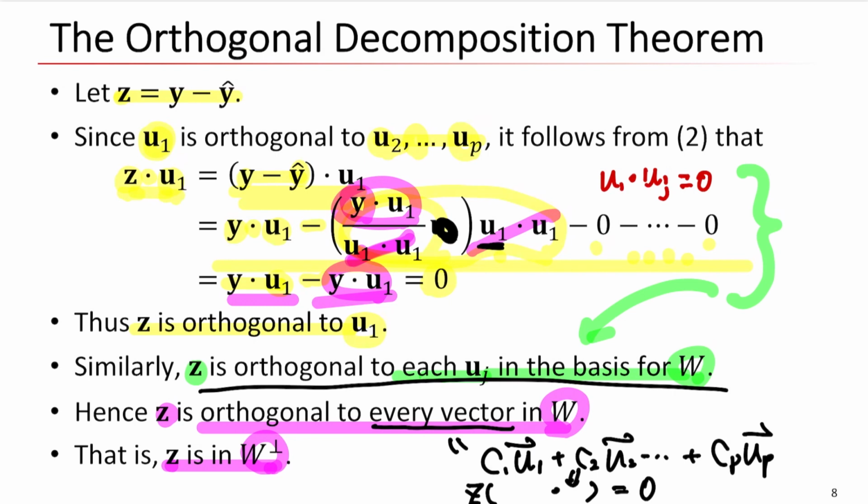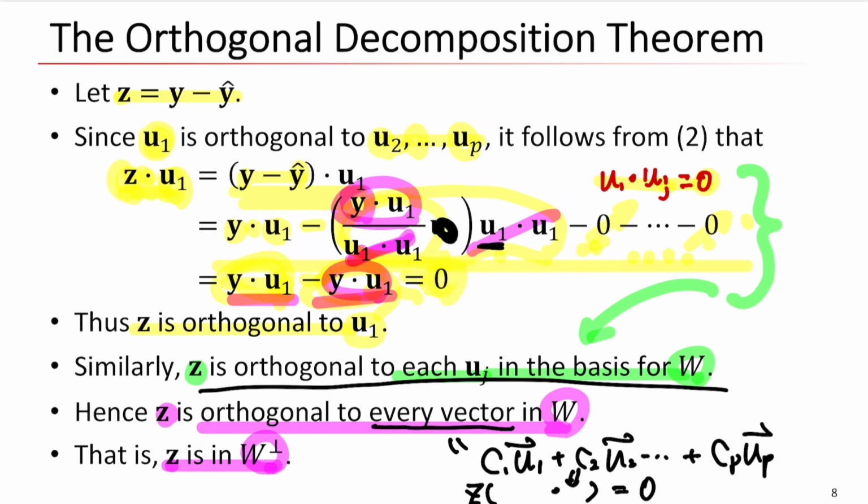Because y1 inner product yj is equal to 0, the remaining terms will be 0. So finally, there are y inner product u1 minus y inner product u1, right? Because those terms are the same as each other, finally z inner product u1 is equal to 0, right?